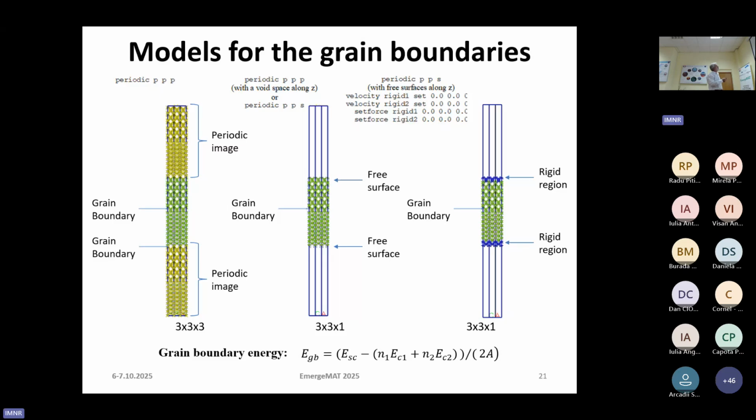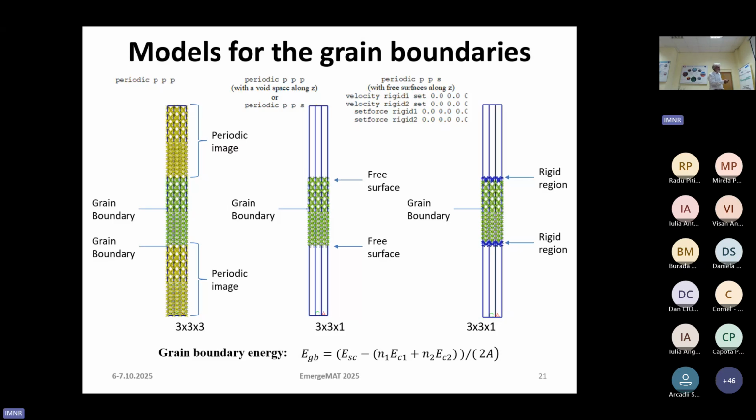So we can use a periodic model, so they are reproduced in all the three directions, X, Y, Z. Or we can just have a slab with only one interface here. And we may have the same system, but fixing the top and bottom faces to the bulk of that materials.